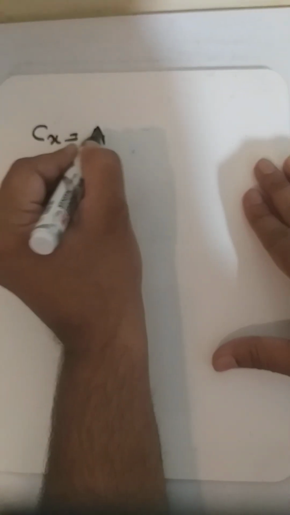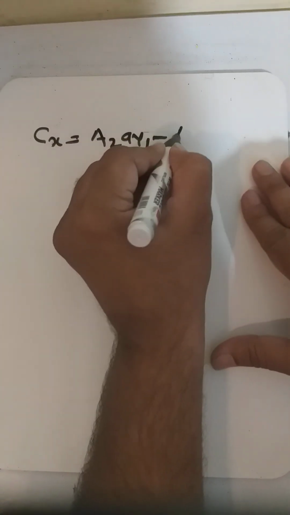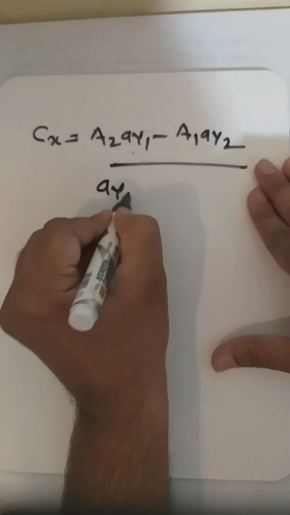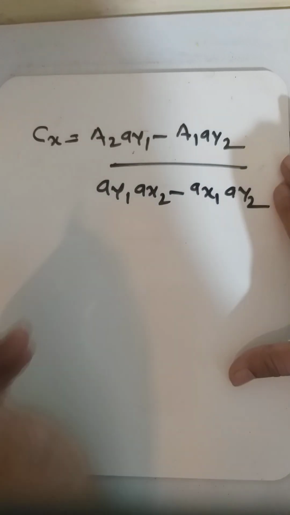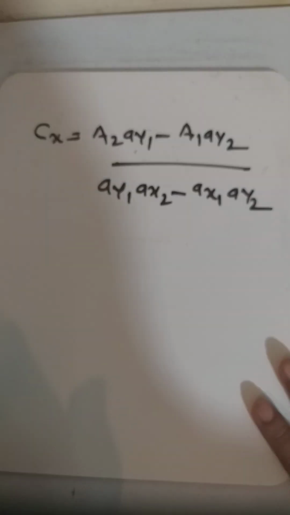Now you will put these into the final equation for the concentration. Cx = (A2 AY1 − A1 AY2) / (AX2 AY1 − AX1 AY2), and you will find out the concentration.